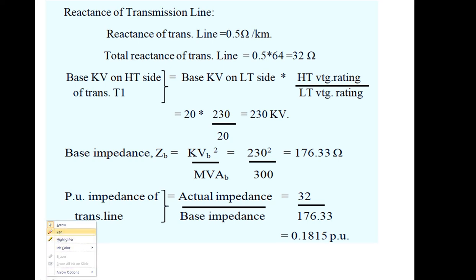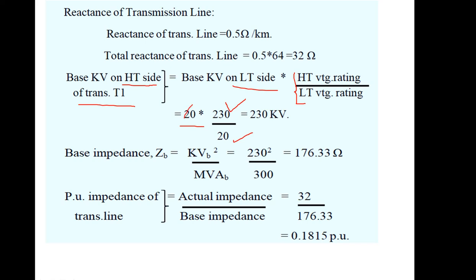From this we have to find the base kV on the HT side of the transformer, using the HT by LT voltage rating. The base kV is 20 in the single line diagram, and the HT side is 230 by 20.